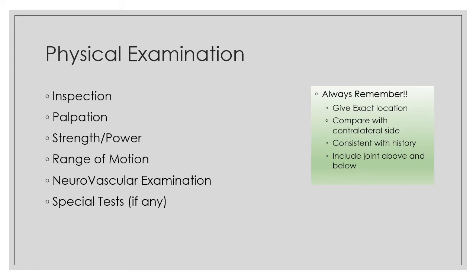It's also important to always remember that when you document this, you give the exact location. You have to compare with the contralateral side, and you have to check if it's consistent with the history, and always include the joint above and below.